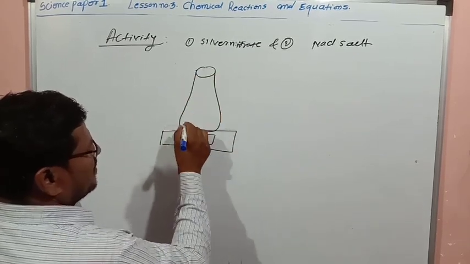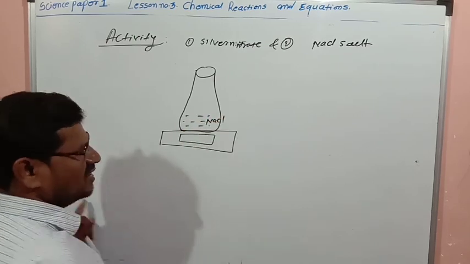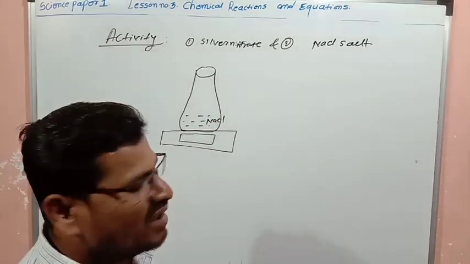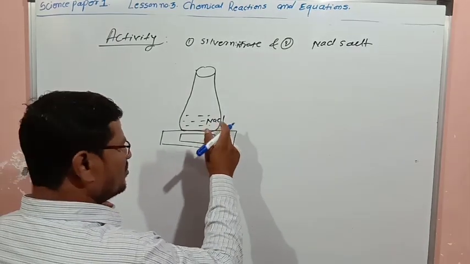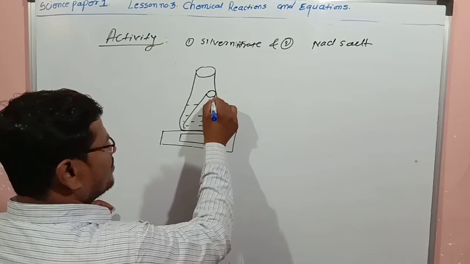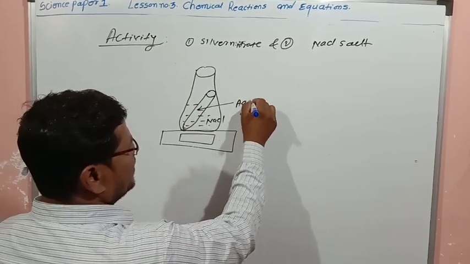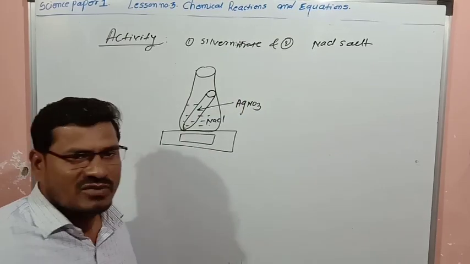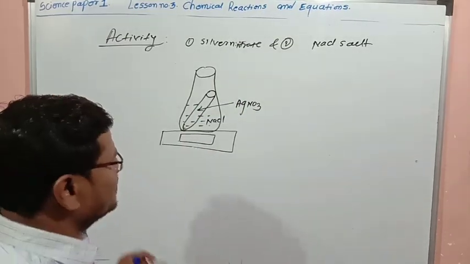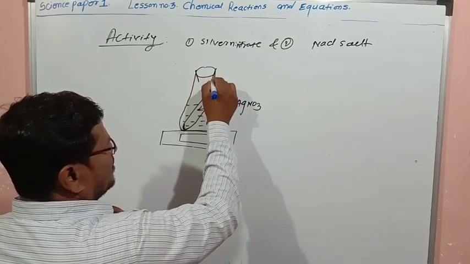In the conical flask, you are going to take NaCl, sodium chloride, and in it you are going to place one test tube, and in that test tube you are going to take AgNO3. And here you have to fix a rubber cork.